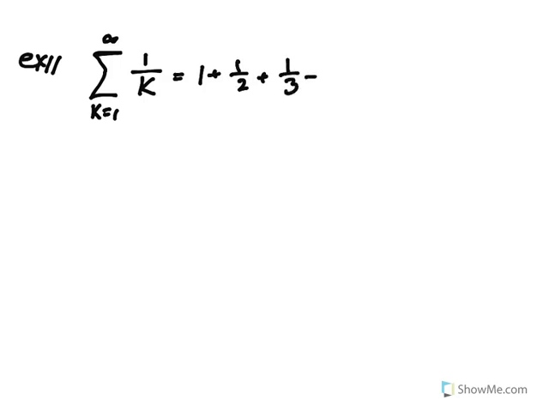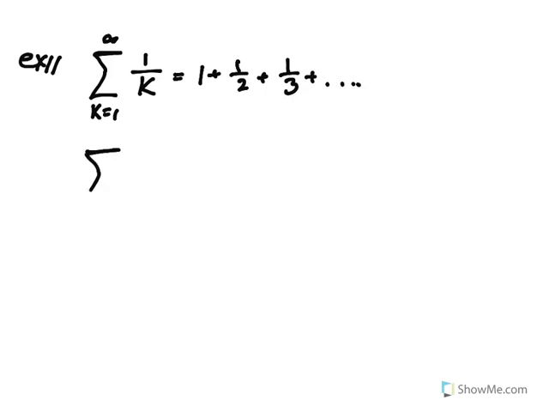So some examples of series include the series of the sum of 1 over k from k equals 1 to infinity. So this would be 1 plus 1/2 plus 1/3 all the way up to infinity.